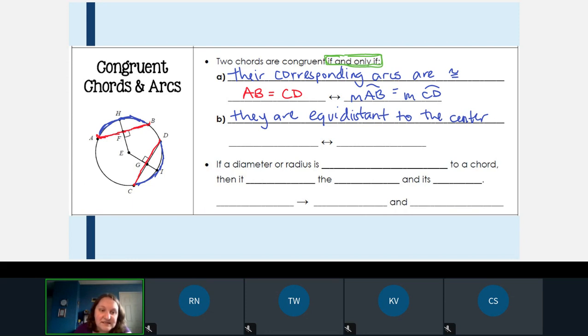So if the distance between the center of the circle and chord AB is equal to the distance from the center of the circle to chord CD, then those chords will be congruent. Okay. So chord AB will equal chord CD as long as their distances to the center are the same. So FE is equal to GE.